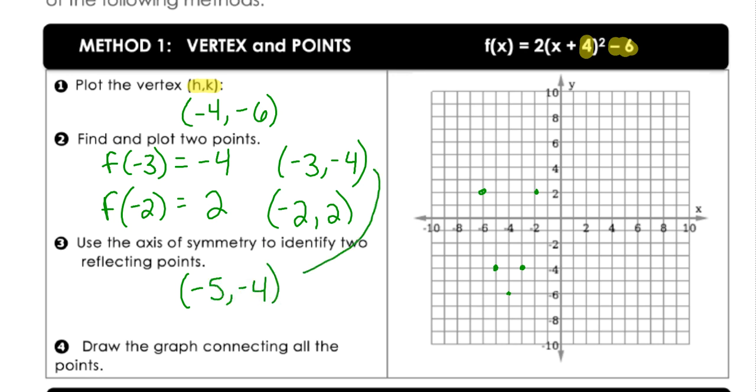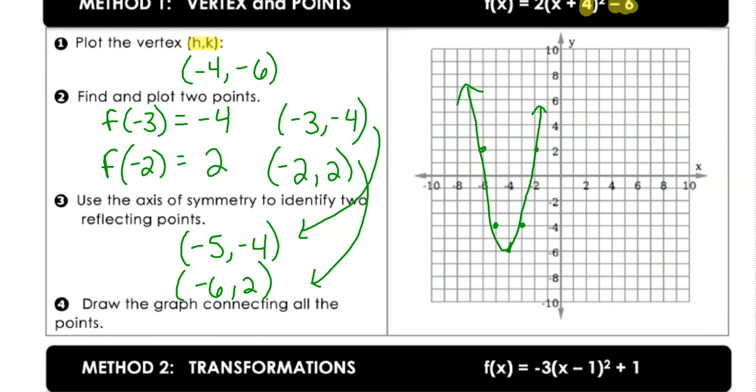And then when I reflected negative 2, positive 2 over that axis of symmetry, I got negative 6, 2. And then we can make that smooth parabola curve from those points. So that is one way to plot the vertex from vertex form and then find some other points around it by plugging values in and reflecting them over the axis of symmetry.